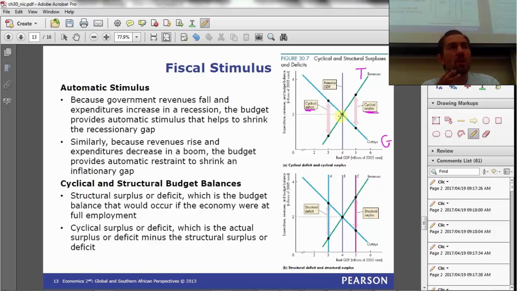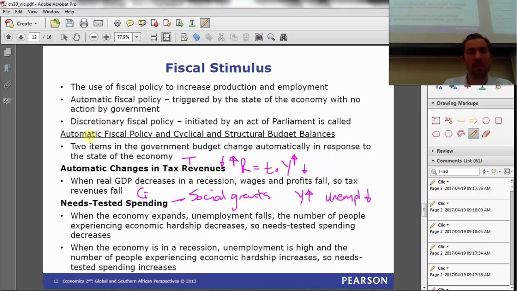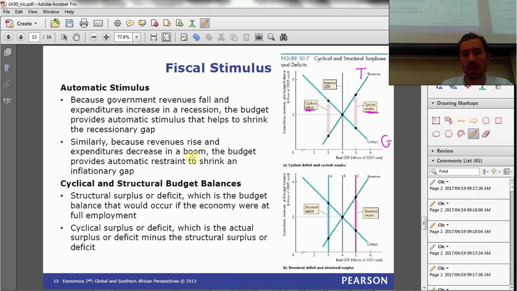It makes no discretionary changes, but the budget balance changes. And we refer to that as an automatic fiscal policy. Okay? So as GDP changes, revenues and outlays change automatically without any discretionary intervention by the government.